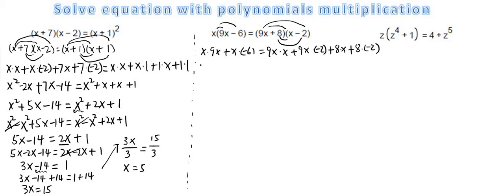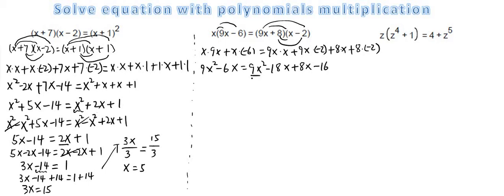So we can simplify it. 9x squared, negative 6x, 9x squared, negative 18x plus 8x minus 16.